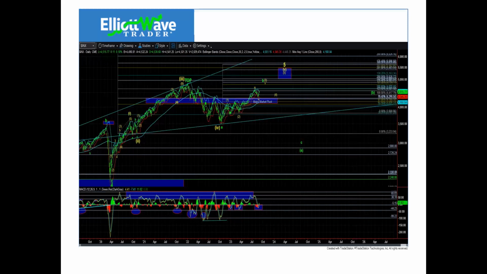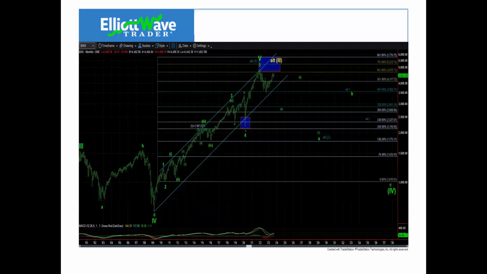That would be how I would see us potentially completing this long-term structure off the 1929 low, I think 1931 is when that completed. And that's going to complete, like I said, a very long-term 5-wave structure off that low.